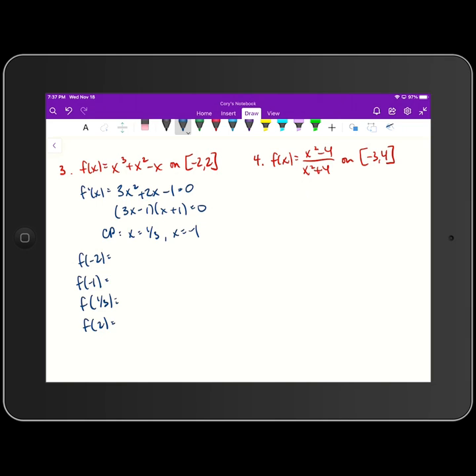It's just computational math. So f of -2 is -2, f of -1 is 1, f of 1/3 is -5/27, and f of 2 is equal to 10. So -2 is the smallest value, that is the absolute min. 10 is the largest value, that is the absolute max.